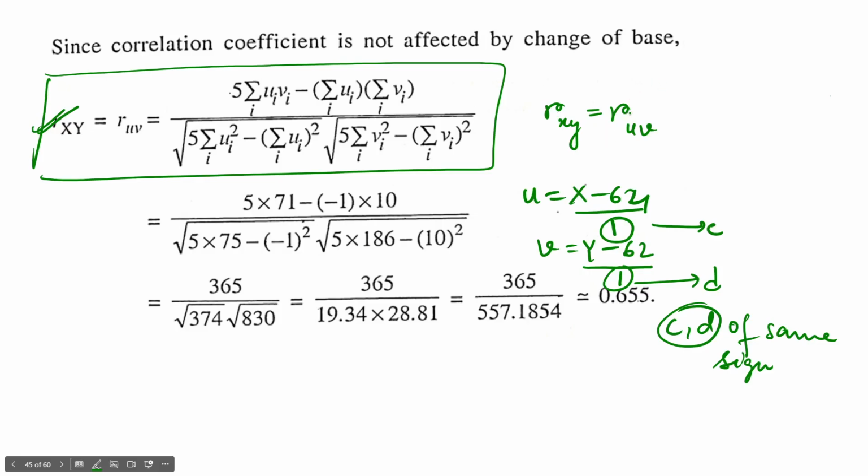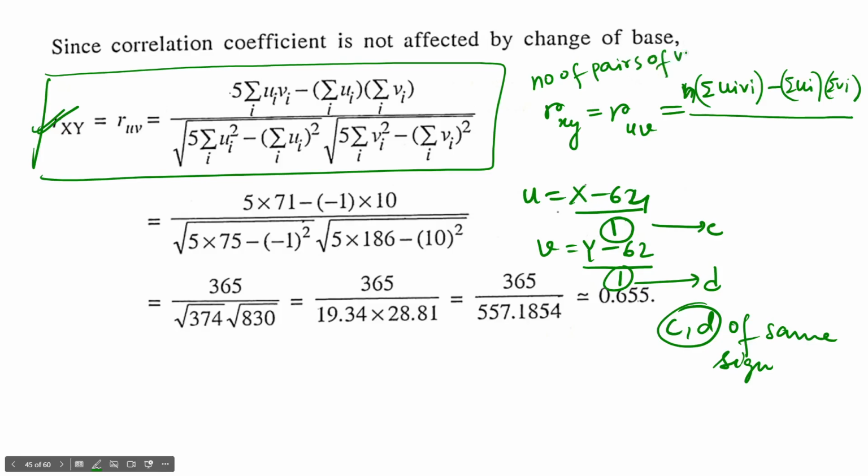Okay, so rxy equal to ruv, and that is equal to, we have already discussed, the main formula: n summation of ui vi minus summation ui summation vi, divided by, in the denominator, square root of n summation ui square minus summation ui whole square, into n summation vi square minus summation vi whole square.